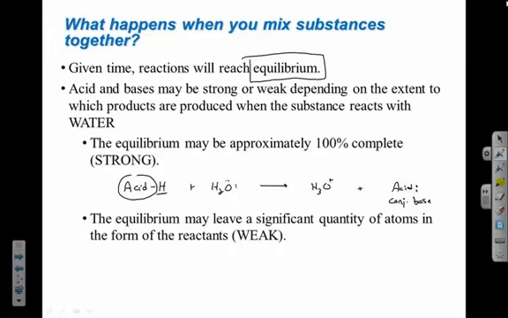So when this equilibrium is reached, I accumulate so much product that the amount of reactant remaining is small enough that I can ignore it mathematically.